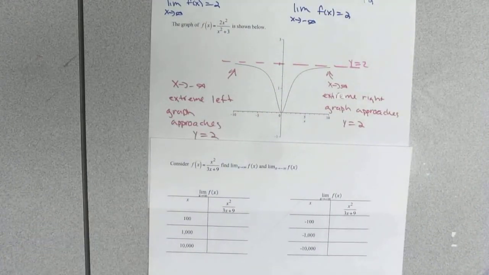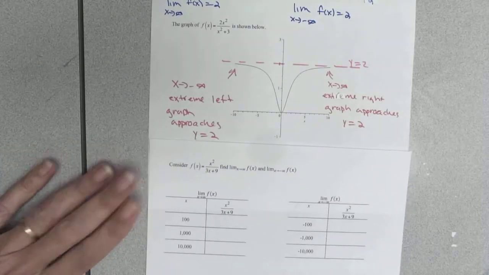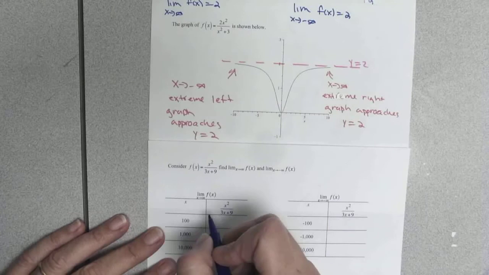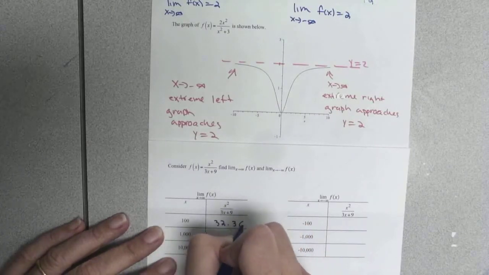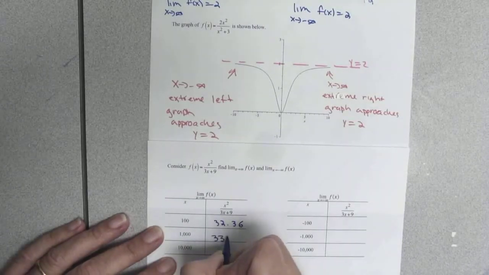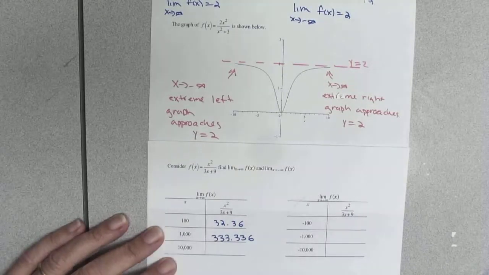So this time we've got x squared over 3x plus 9. Let me get my calculator ready. When I put in 100 here, I get 32.36. When I plug in 1,000, I get 332.336.